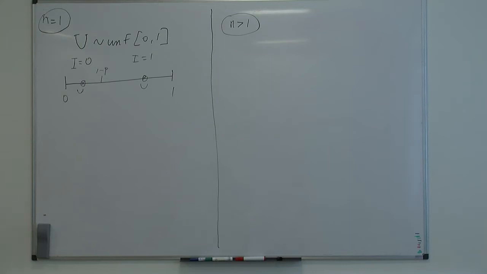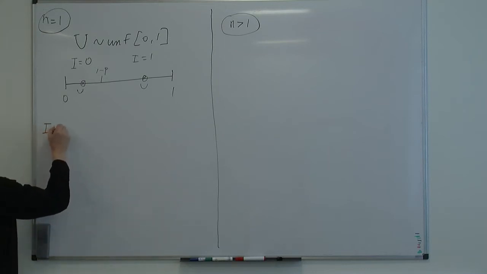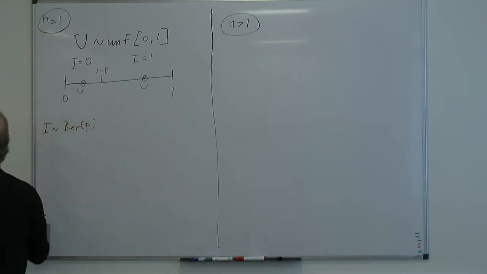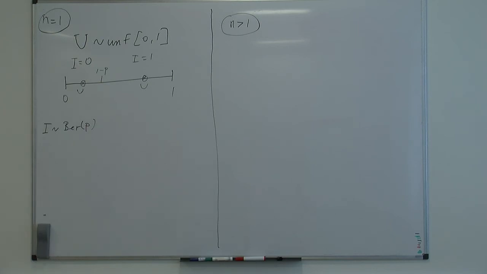So it is clear that I is Bernoulli. I should have used that. I is a 0, 1 variable with parameter p.